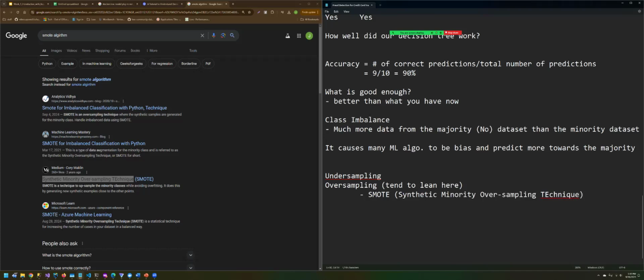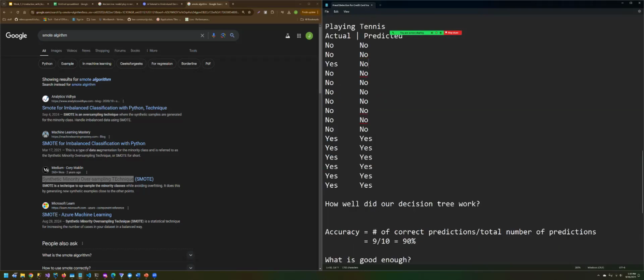And the idea behind this is, like I said, you upsample the minority class so you get more of the minority class. And instead of just randomly doing it, the algorithm comes in and looks at the data, the features at this point, and creates features that are very similar.